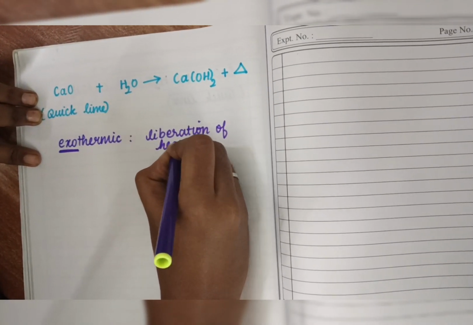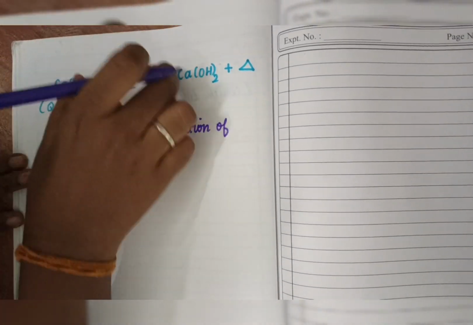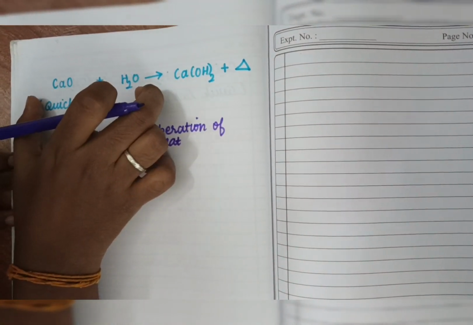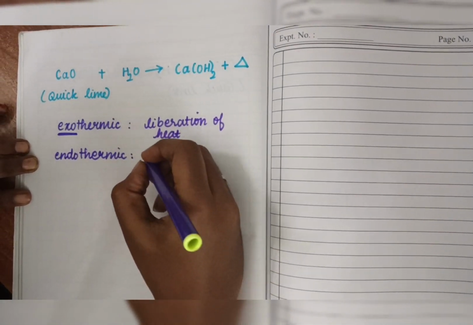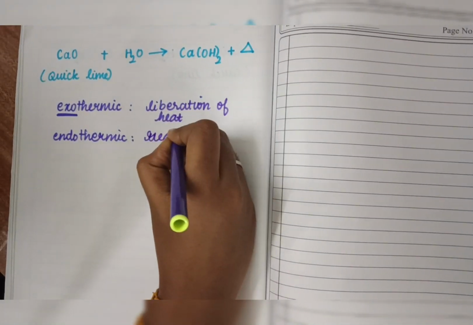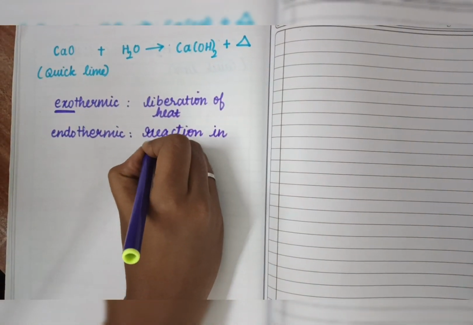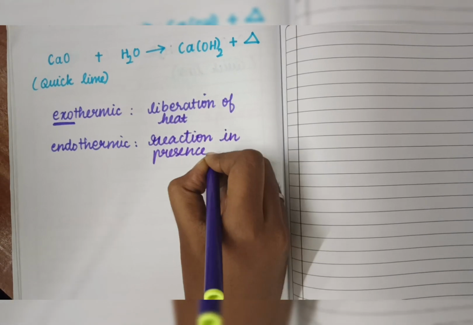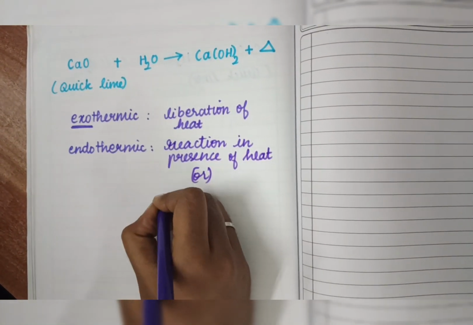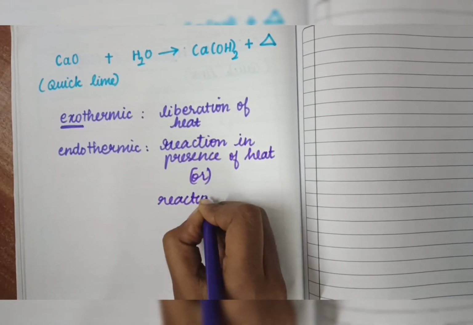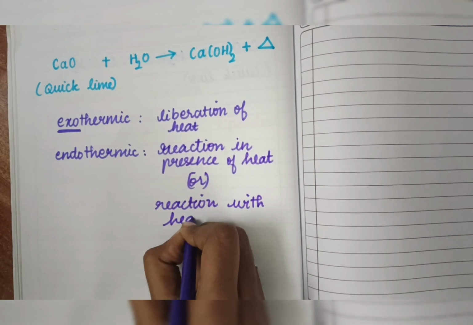Liberation of heat. While endothermic shows that the reactants need heat to perform the reaction. Endothermic means reaction in presence of heat, or reaction with heat.